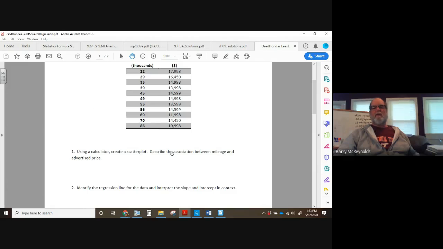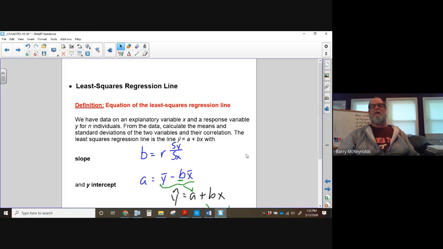One of the reasons we do that is we can use that data to help us calculate or determine the prediction line. And I think that's where you're likely to see this on the test. What do I mean by that?